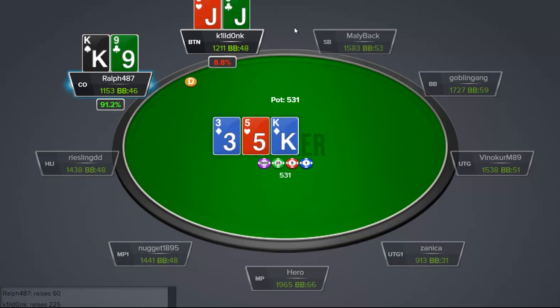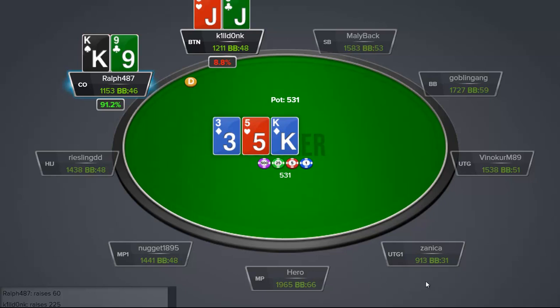Next question is, what is his equity in chips? Third question, if I said to you Kildonk has a lot of fold equity, would you agree with me? And the last question, if Kildonk bets and Ralph folds, then how much equity would Kildonk gain in chips?